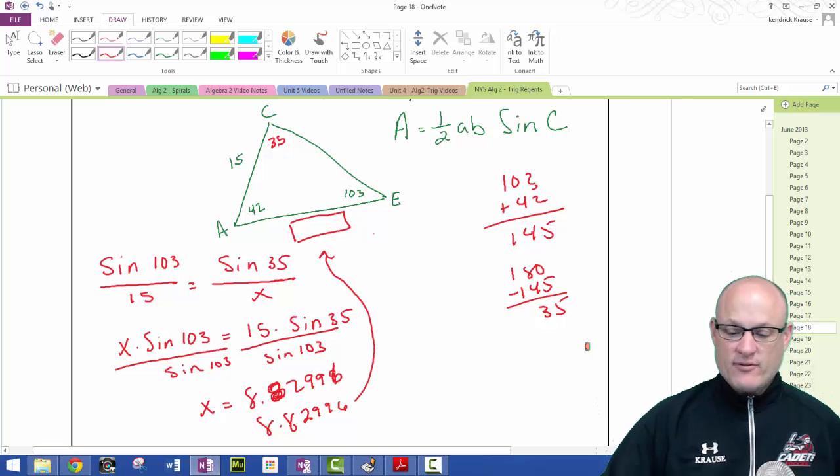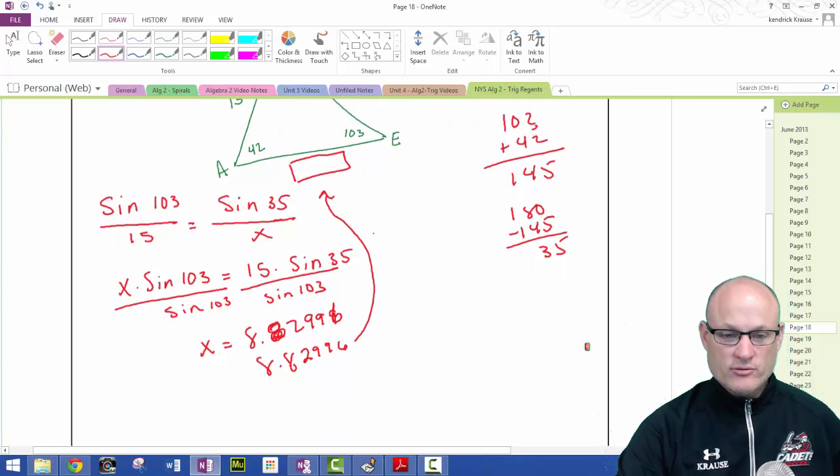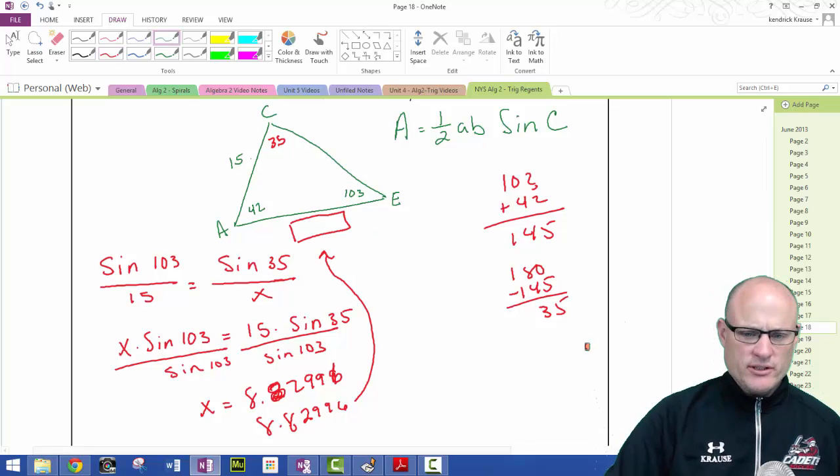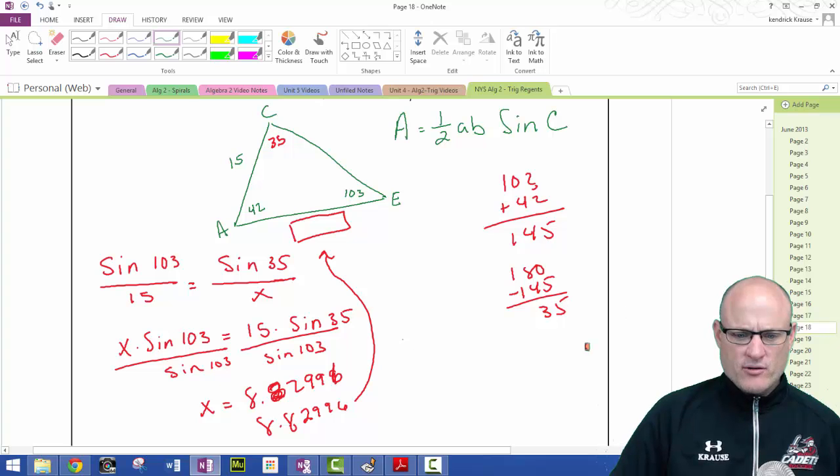So now I have all that I need in order to use my formula, which I'm going to do in green and small. So area equals 1/2 the product of the two sides that I have there, 8.82996. Oh, I did it again. I forgot the 8.